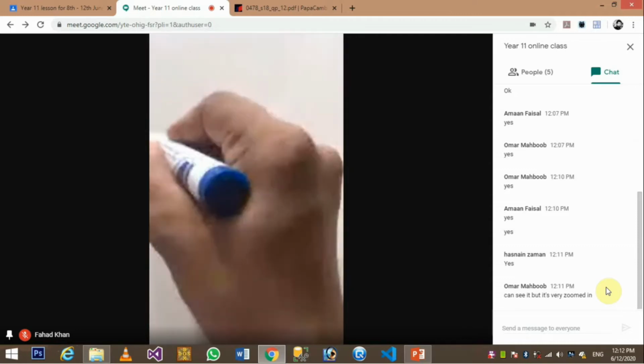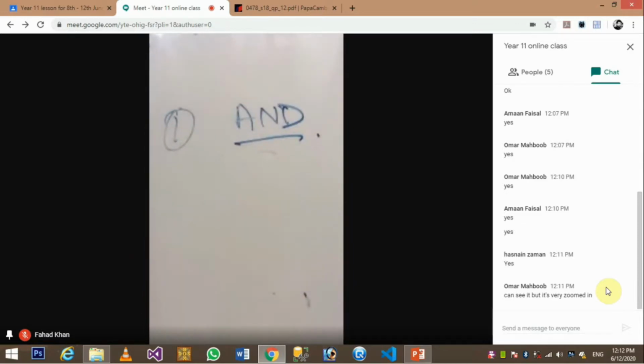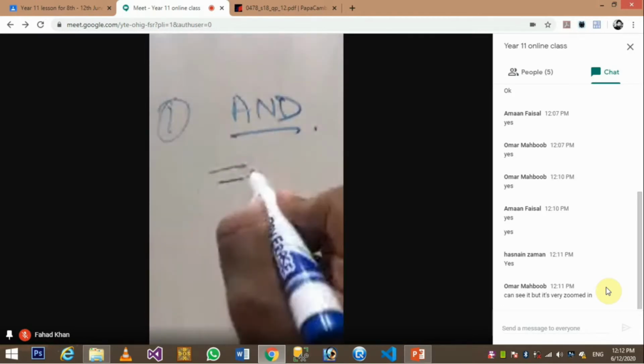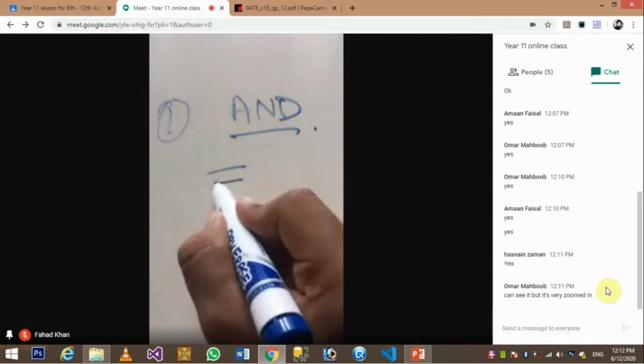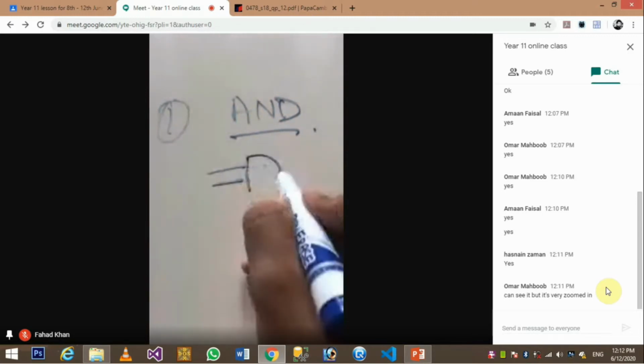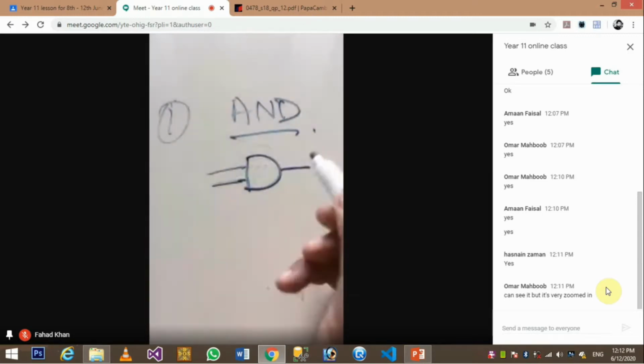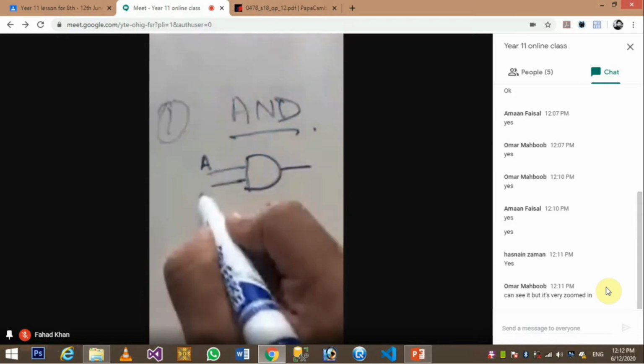All right, so we start with some gates. The first gate that we have is the AND. The symbol of the AND gate is the D-shaped symbol. We have two inputs and one output.